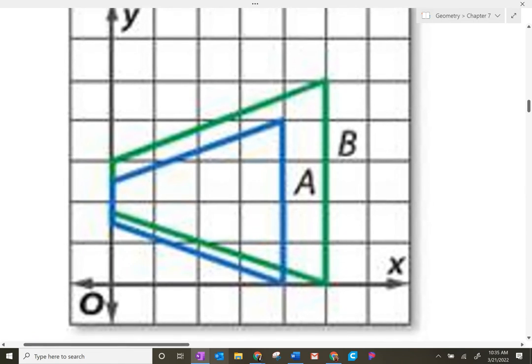Okay, looking at these shapes, it starts as an A, and it turns into a B. Is that getting smaller or bigger? It's getting bigger, yeah. So I know it's getting bigger. So it's an enlargement.